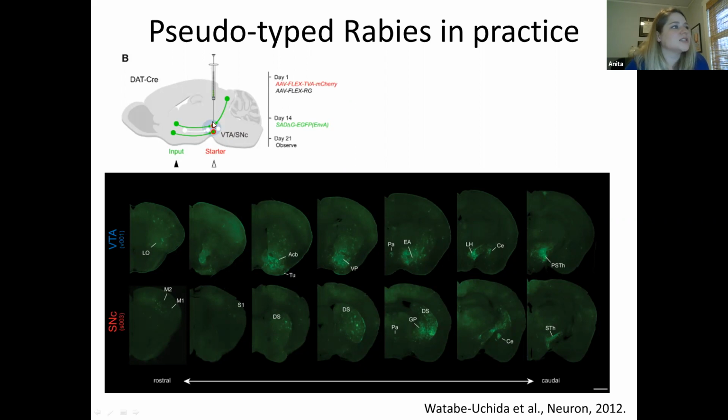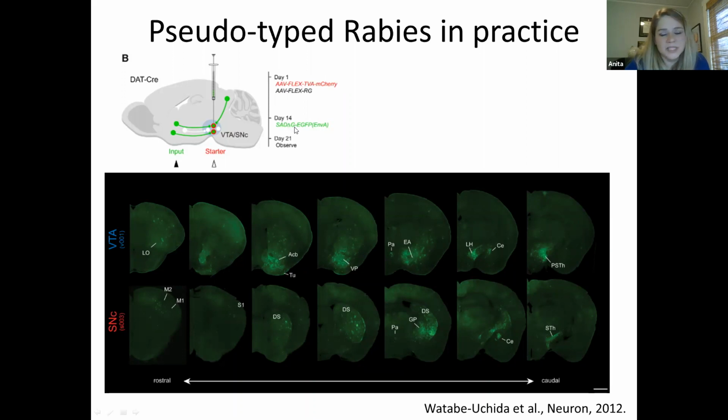You inject those together. Some percentage of cells are going to take up both of them. And so that means that the virus, the rabies that you come in with, so this is again pseudotyped with the avian receptor, and it's G deleted because we put the avian receptor here. So this is avian pseudotyped for the envelope, and then the delta G.